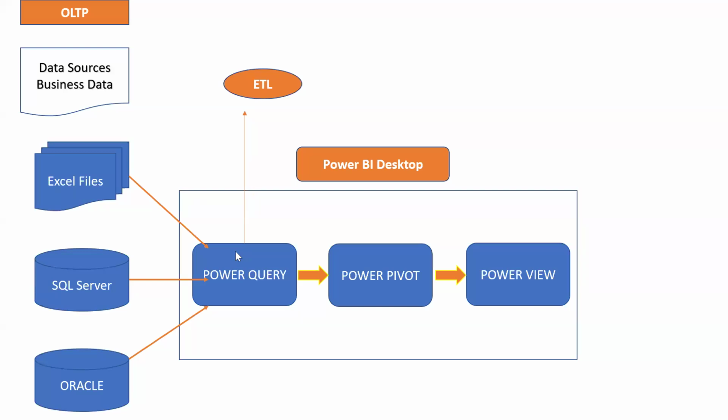So what we need to do, we need to split the column of full name into two, first name and last name. That splitting part is called transformation. So similarly, there are so many different transformations which we can do in Power Query based on the requirement given to us. So basically what Power Query does, it does the ETL part. It extracts the data, it transforms the data, and then it loads the data into Power Pivot.